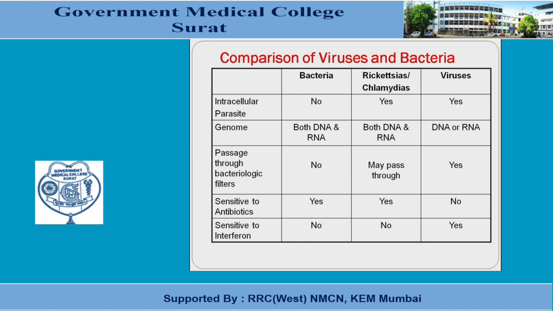Passage through bacteriological filters: bacteria cannot be filtered, while Rickettsia and Chlamydia may pass through, and yes, viruses can be filtered. Sensitive to antibiotics: all the bacteria are sensitive to antibiotics, except viruses. Sensitive to interferon: interferon is used against viruses, not against bacteria, Rickettsia and Chlamydia.